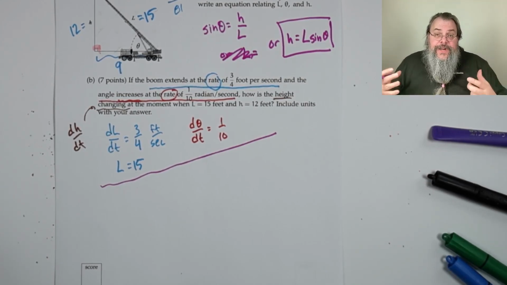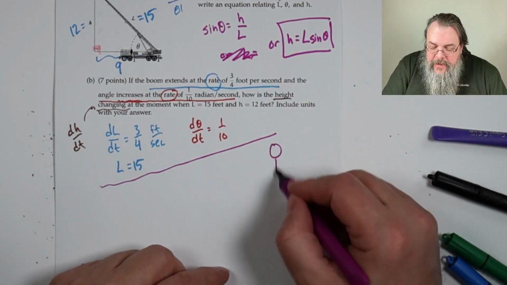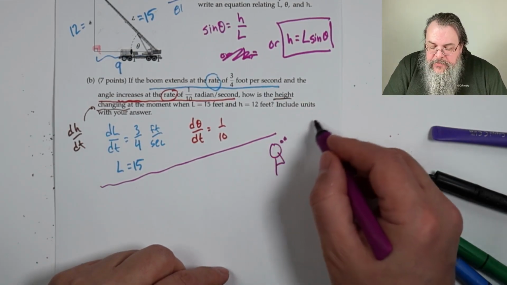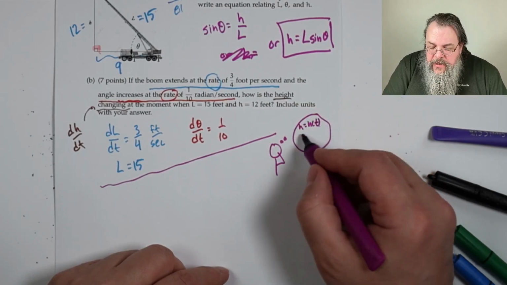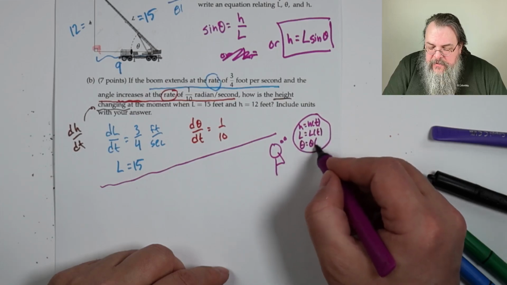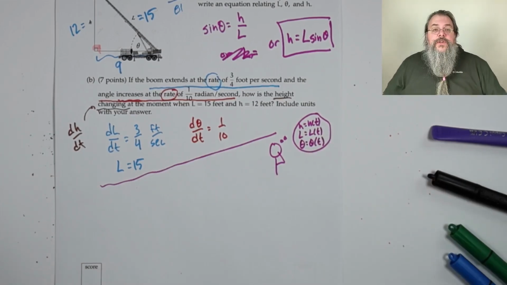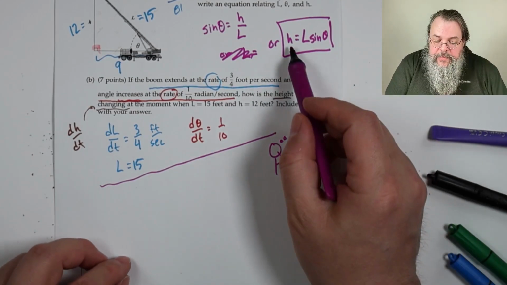When we're doing related rates, we say, h is a function of t. L is a function of t. Theta is a function of t. So we're thinking of everything as depending on t. So take the derivative of both sides with respect to t.